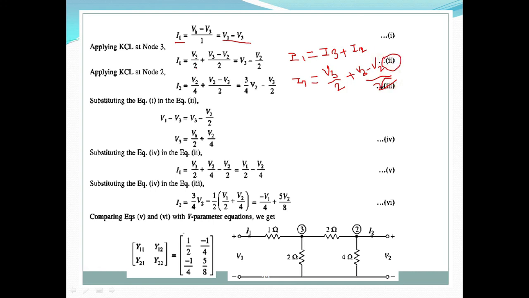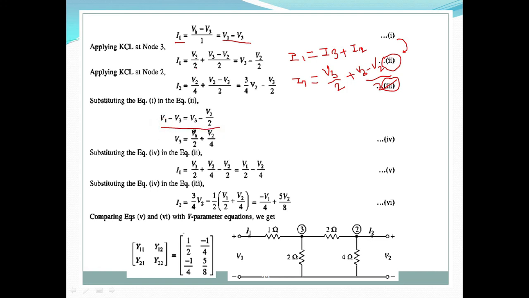Then, I1 is equal to (V1 minus V3) upon 1. Use equation number 1 in equation number 2, where I1 is equal to (V3 minus V2) upon 2.